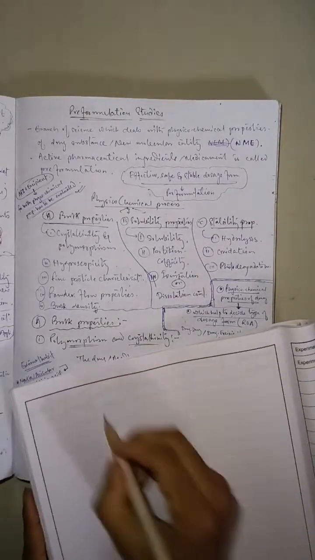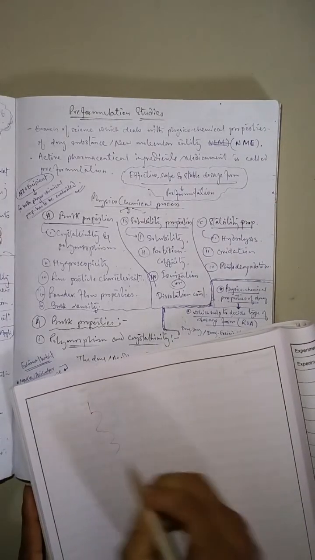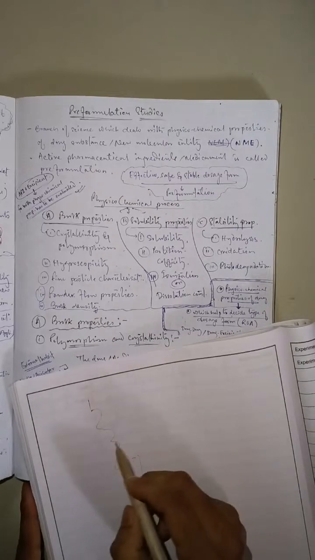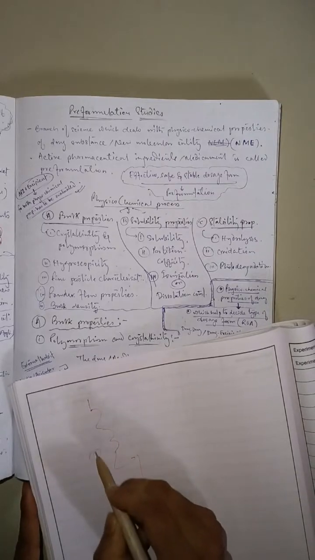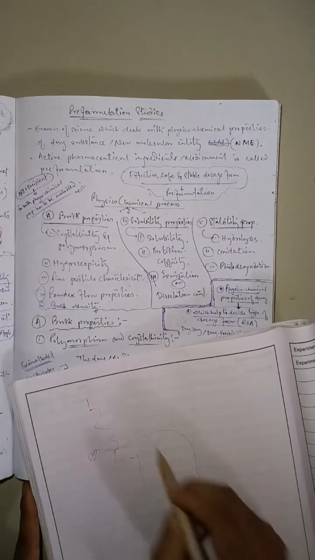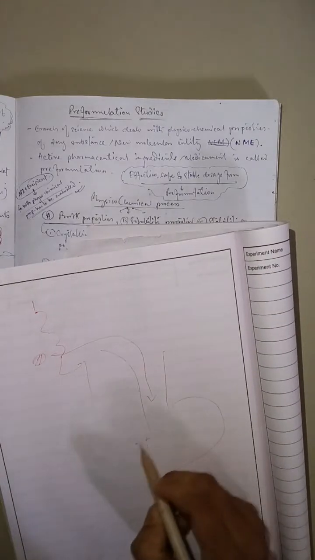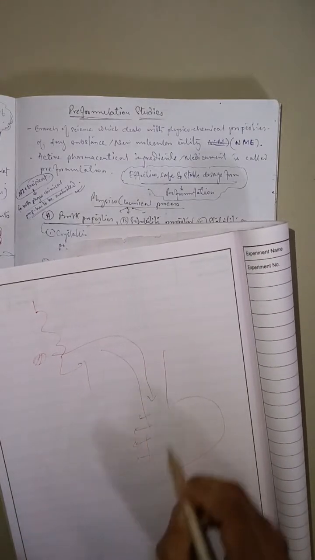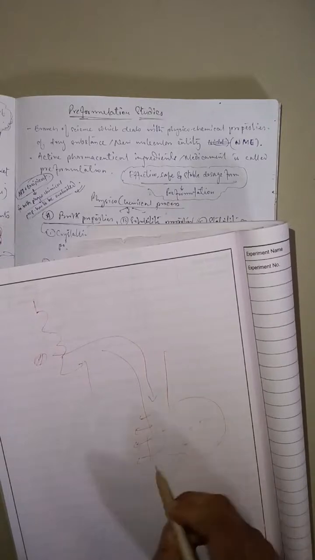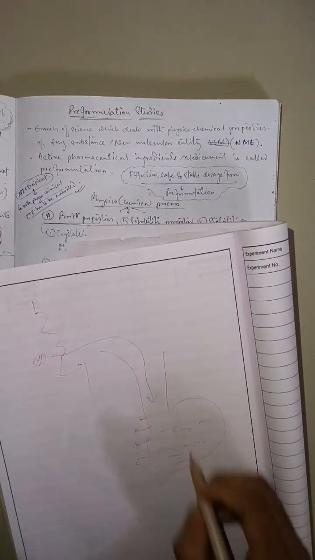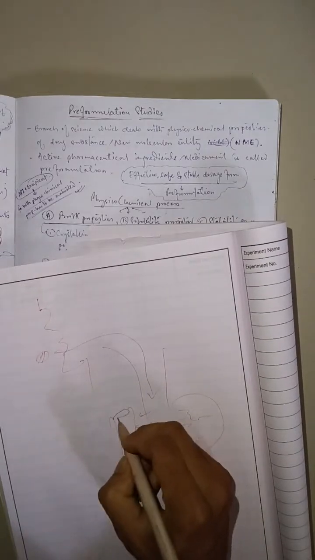For example, you have taken a drug tablet. This tablet will go to your stomach. Yes or no? In the stomach, it should be absorbed. But before absorption, it should be soluble in the fluid present inside the stomach. After dissolving, it will be absorbed into the circulatory system.